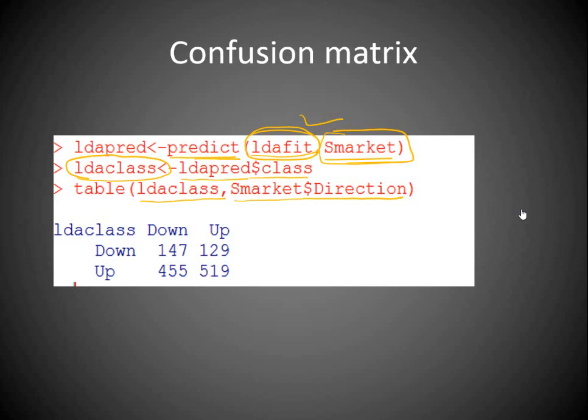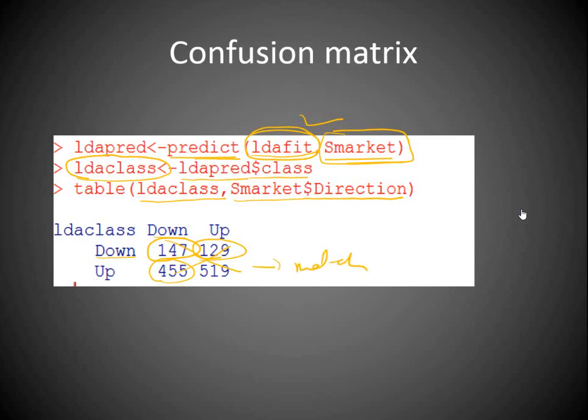Down, stock price down, predicted and actual, is 147 cases, and the mismatch in this case is 129, where it is actually down but predicted as up. And there are also mismatches here. The off diagonal cases in the confusion matrix, this is known as a confusion matrix, where you tabulate predicted and actual values. The off diagonal elements are the mismatches and the diagonal elements are the matches, right?